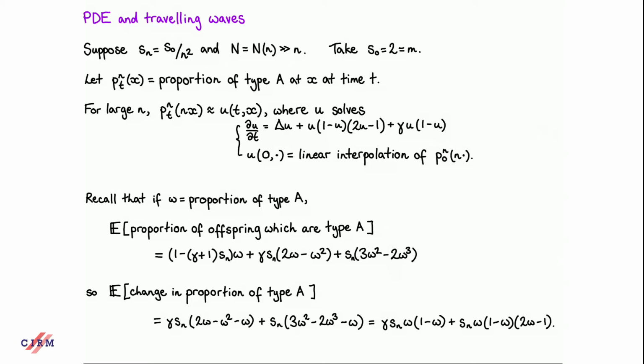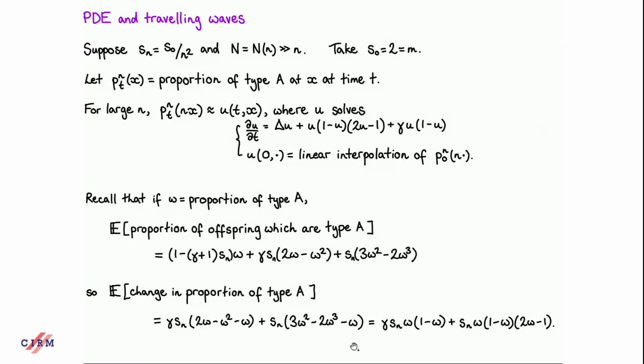So if we take W off from this, then we can just remove the first term and take away W from each of these two other terms, which gives us this. And then if we factorize each of those terms, we get gamma Sn times W(1 minus W) plus Sn times W(1 minus W)(2W minus 1).